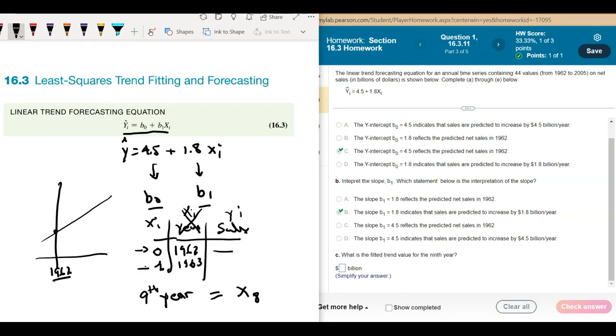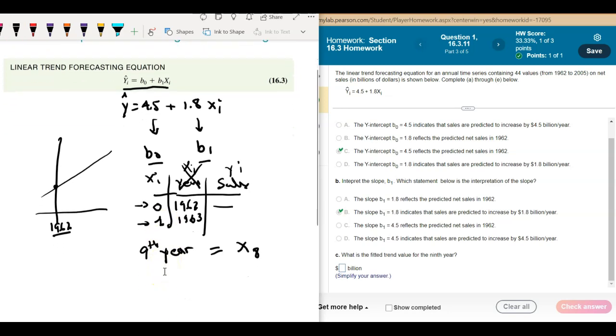So the second year corresponds to 1. What you're going to do is plug it into the equation: the value is equal to 4.5 plus 1.8 multiplied by 8, which is x8. You can use a regular calculator to do this.